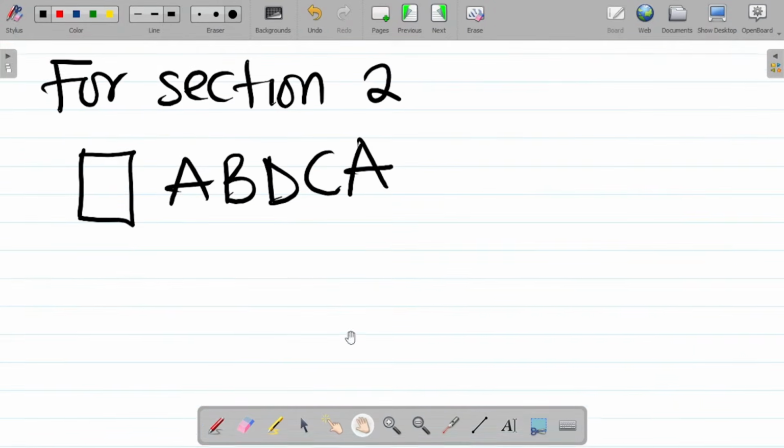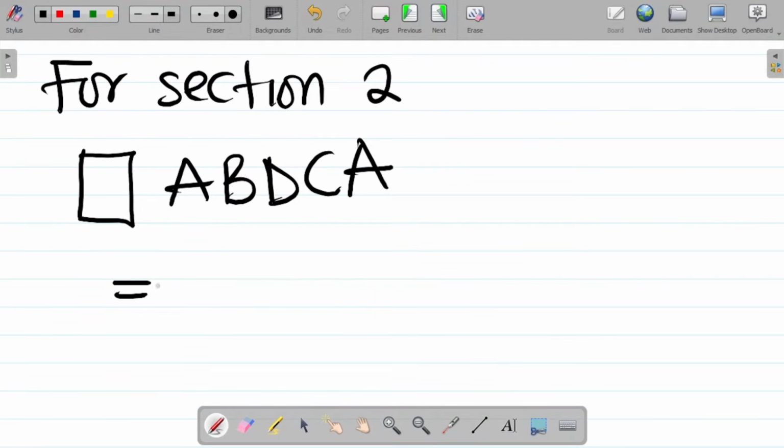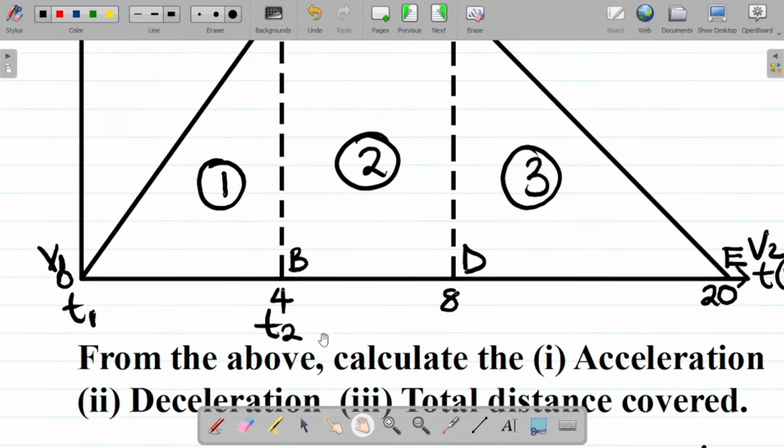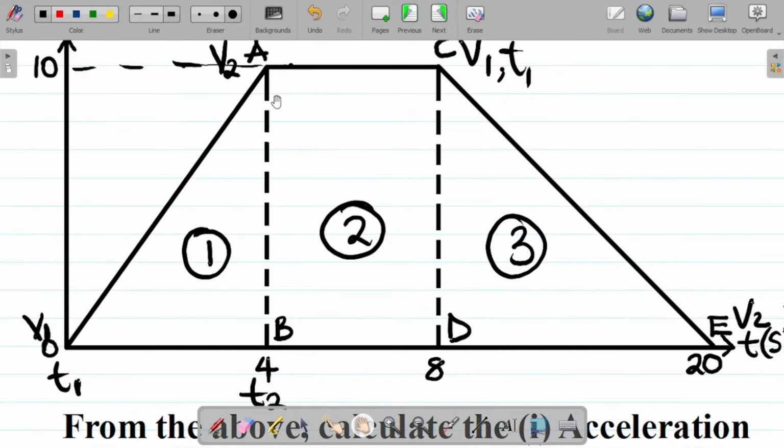That means the area of this part becomes the area of a rectangle, which is length times breadth. Let's get the length and also the breadth of this part. From this diagram, the length is simply from the top here to the bottom, which is from 10 to 0.